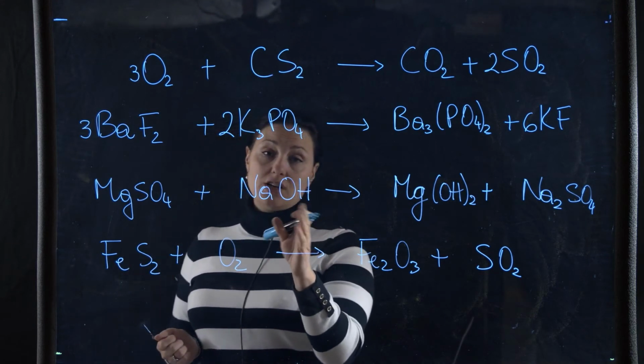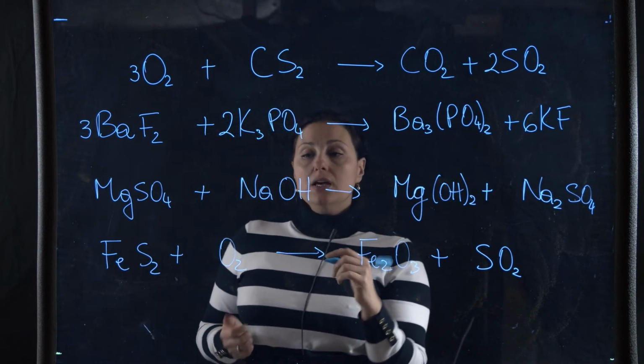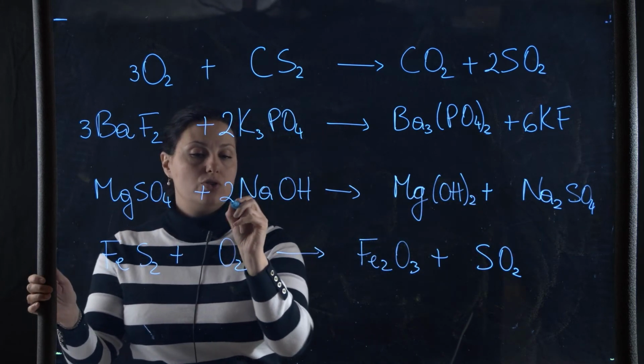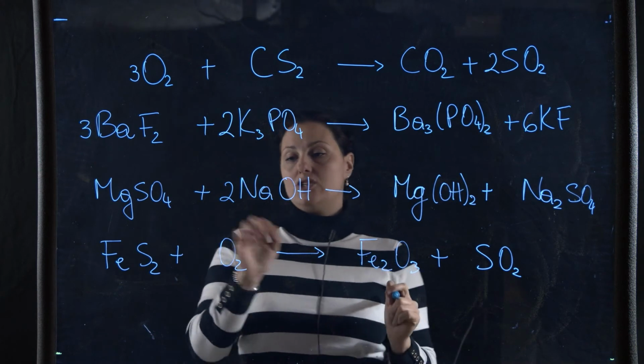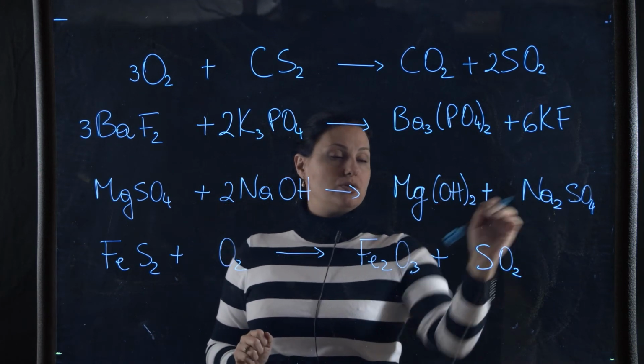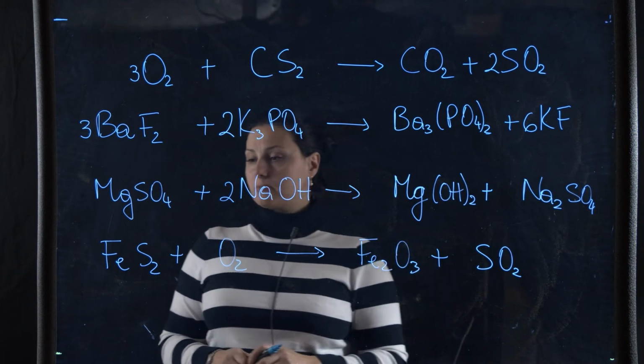And for sodium hydroxide, it's a 1 to 1 ratio. To balance these out, all I have to do is put the 2 in front of the whole sodium hydroxide, and I have 2 sodiums and 2 hydroxides, and I'm balanced.